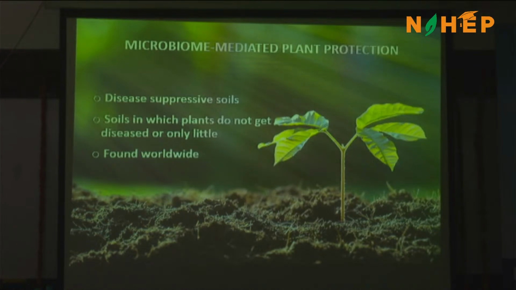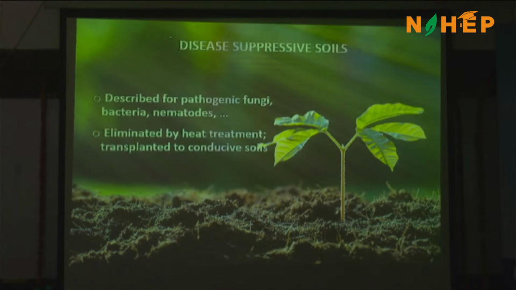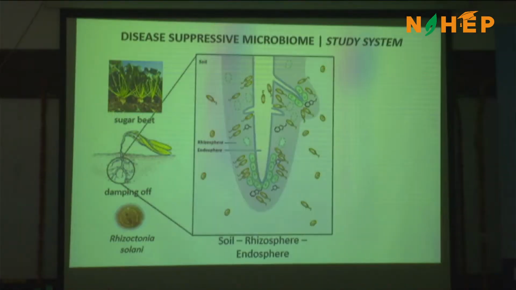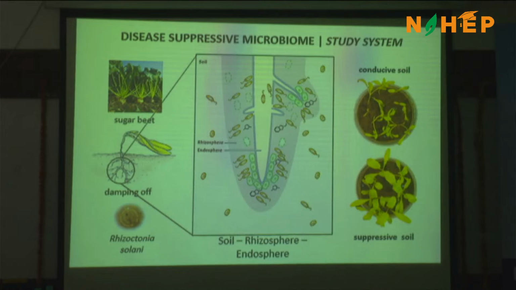You have already talked about disease suppressive soils. You all know what they are, so I'm going to pass this quickly. But this is our study system from when I was doing my postdoc in Josh's group.